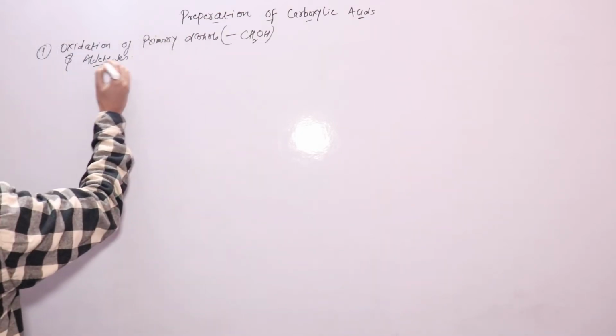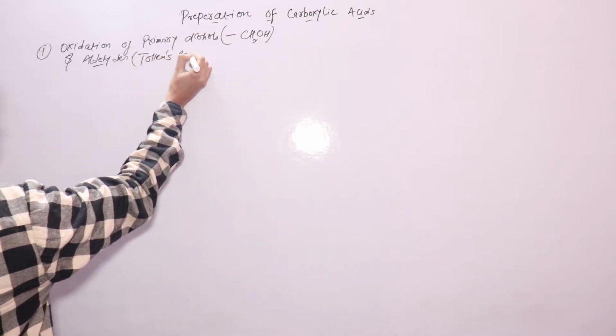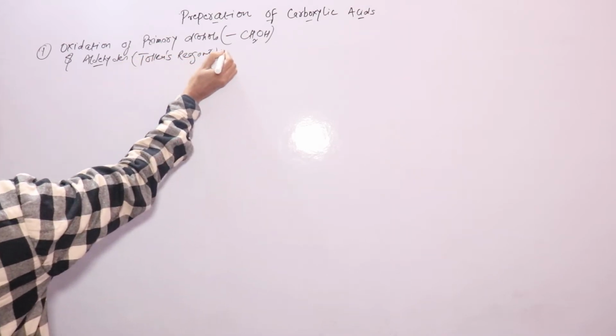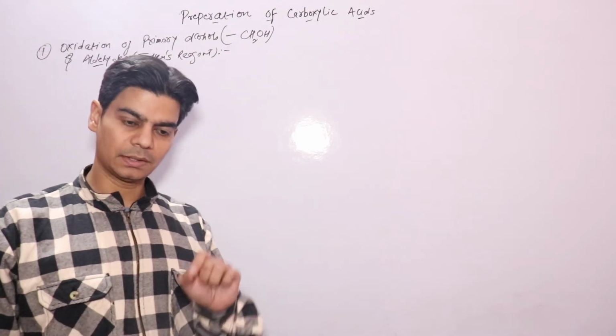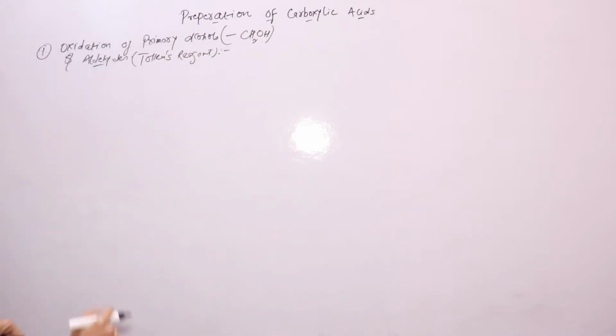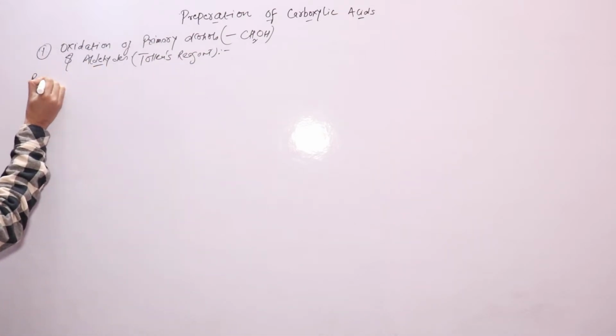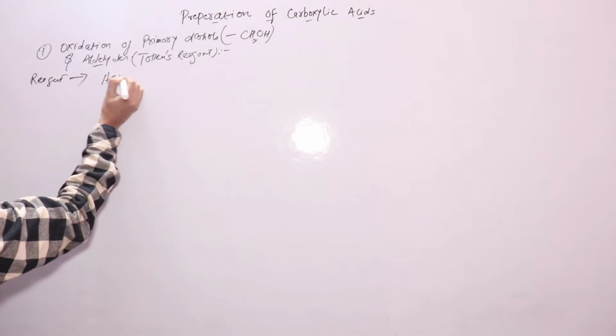When we talk about aldehydes, just remember Tollens reagent. Also recall that Tollens reagent is a weak oxidizing agent, and that is why aldehydes can be easily oxidized to carboxylic acids.